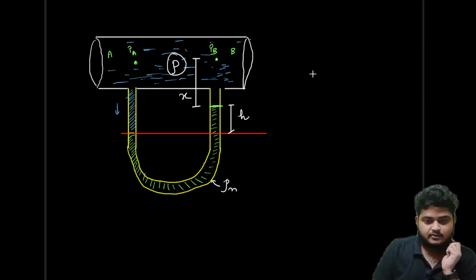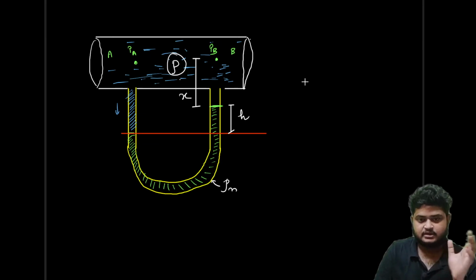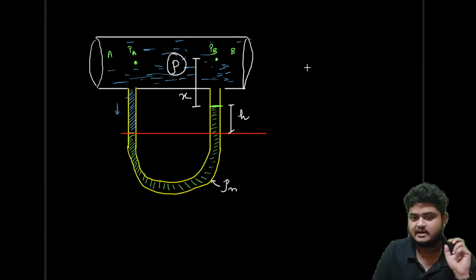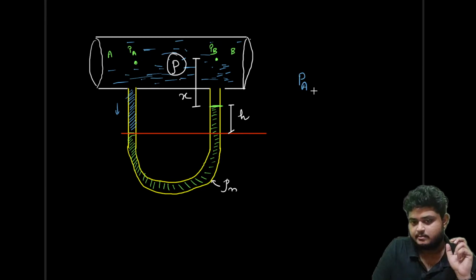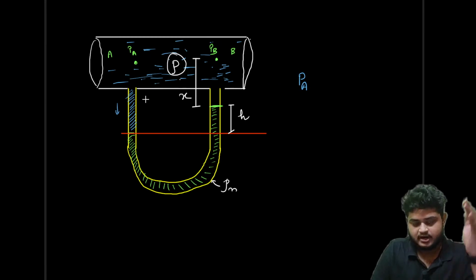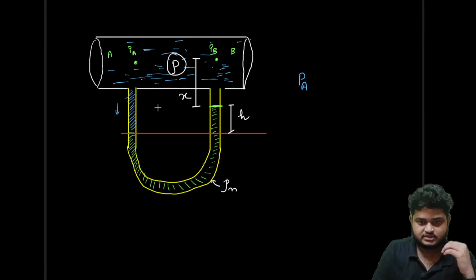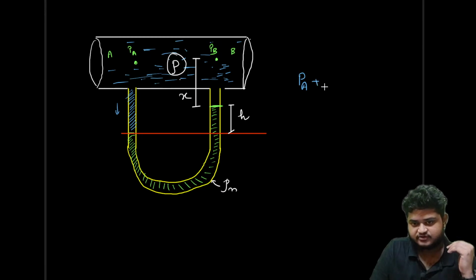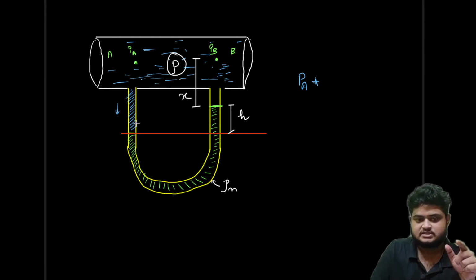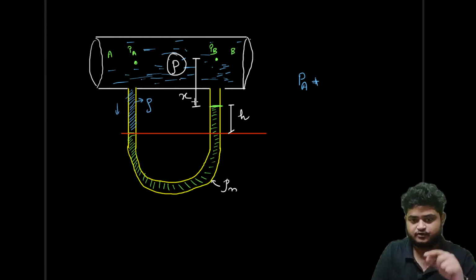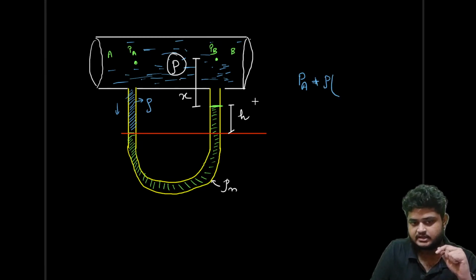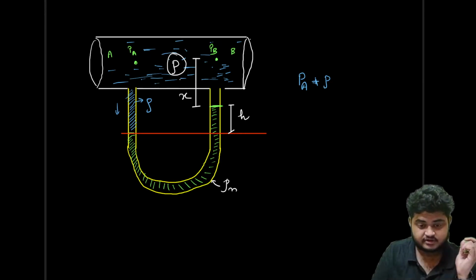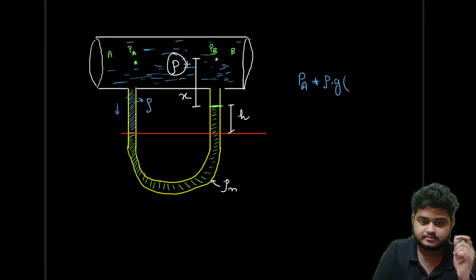Now let us calculate the pressure difference between PA and PB. According to the manometric calculation, it will be PA, and when I am coming downwards I have to use the positive form, so PA plus rho g times the height, which is x plus h.